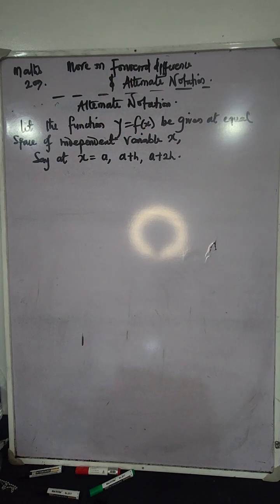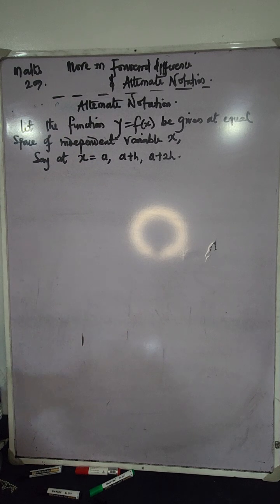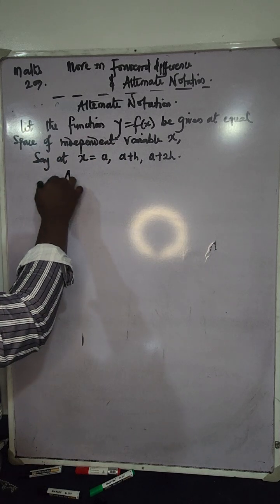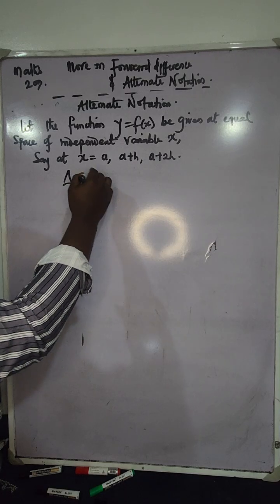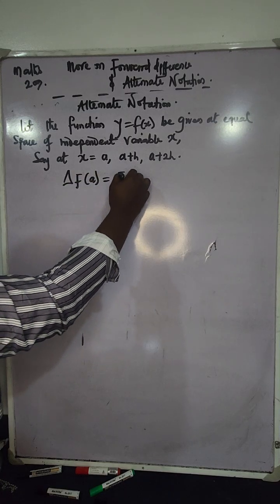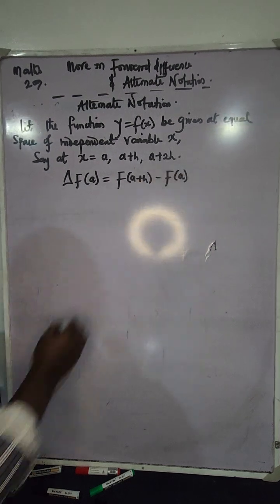Let me not bore you about what I'm writing. We're just trying to say that if there's an equal distance between these intervals, it means that the forward difference of a will be f of a plus h minus f of a.